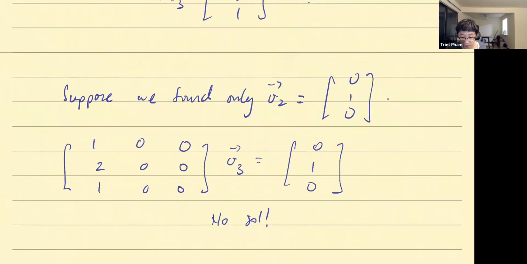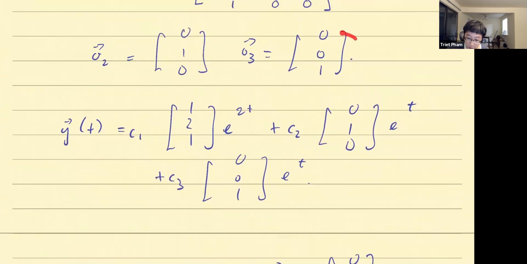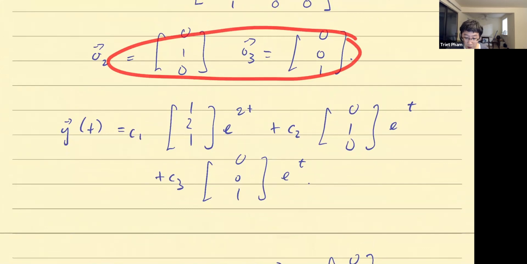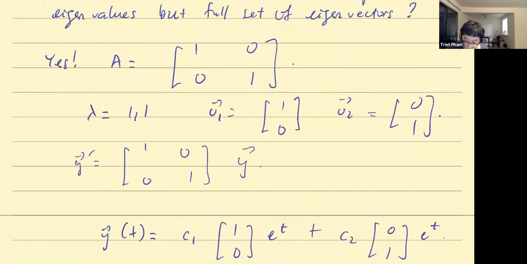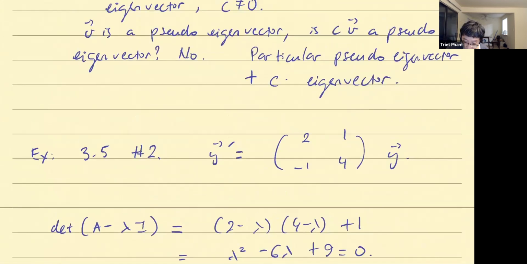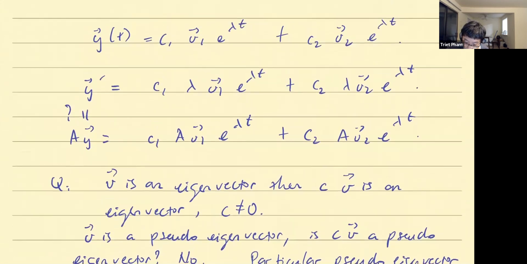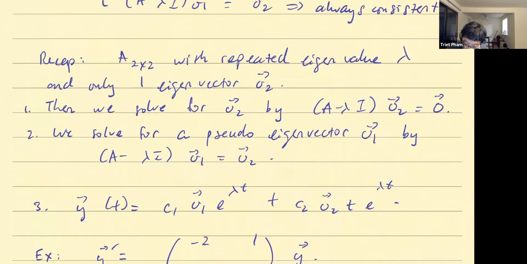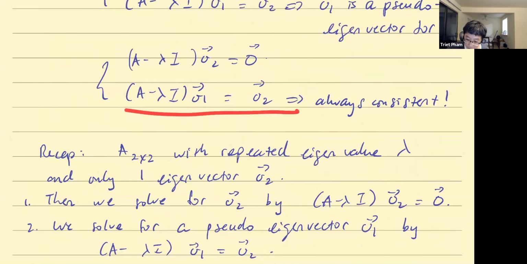No, it's not inconsistent, because there's not supposed to be any pseudo eigenvector here to begin with. You're supposed to have 2 genuine eigenvectors. Remember I said it's quite miraculous that this system is always consistent.